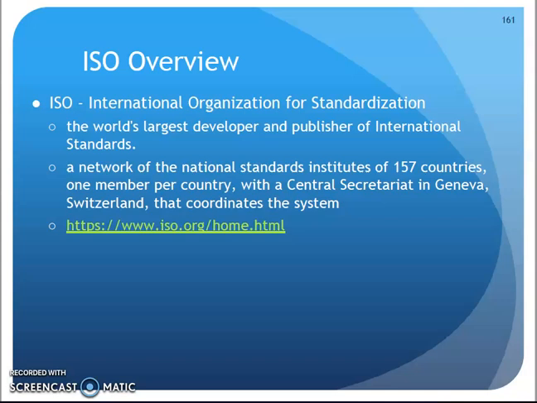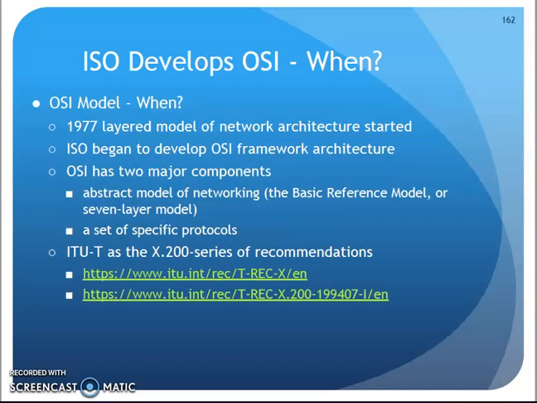How do we do that? ISO does a lot of standardization among things around the world. So the ISO developed the OSI model, again, late 70s, early 80s, as a way to say, hey, here's a standard model of network communication.